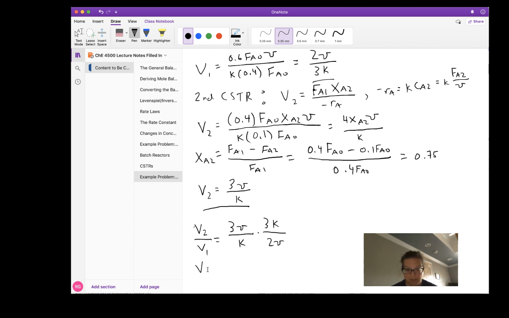So that would mean that V2 is equal to 1.5 times V1. So that is the volume of that second reactor that I would need in order to achieve a 90% overall conversion.